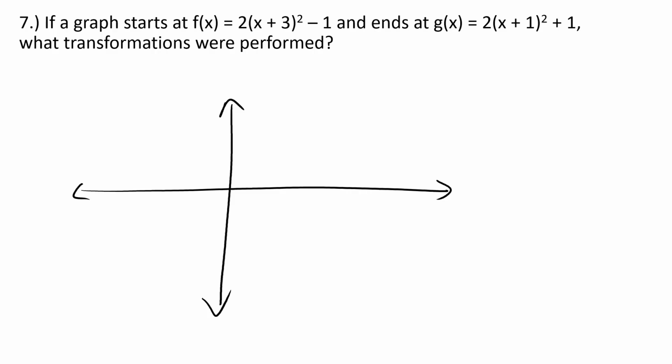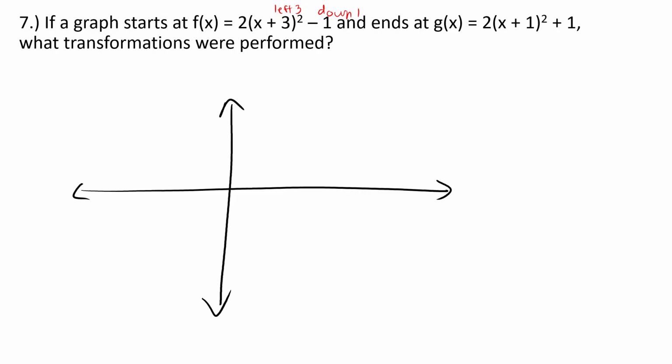I did on purpose make the stretch on both of them 2, because it gets harder to decide how to explain this if you change that. It starts, if I look at this one here, at left 3 and down 1.